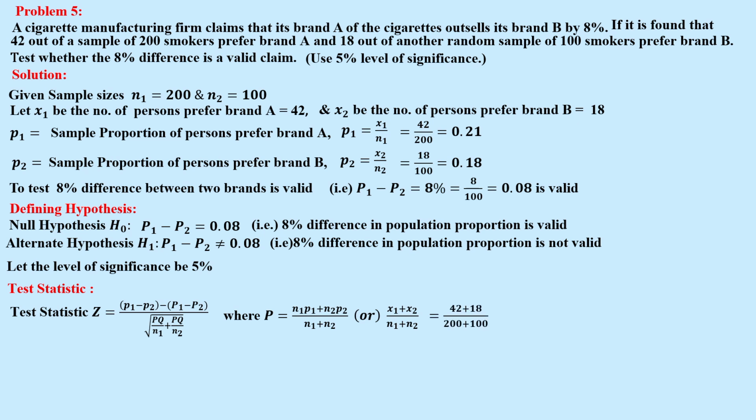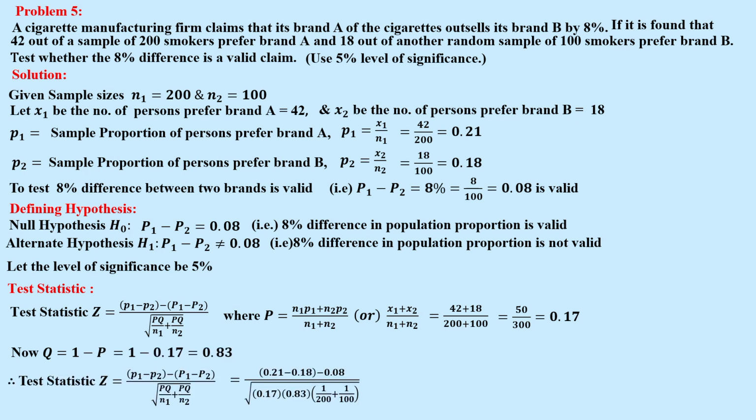We are using that formula to calculate capital P. So 42 plus 18 by 200 plus 100, that is equal to 0.17. Therefore for the test statistic we need Q equal to 1 minus P, that is 0.83. Substituting the values, you will get 0.21 minus 0.18 minus 0.08 divided by root of 0.17 into 0.83 into 1 by 200 plus 1 by 100.